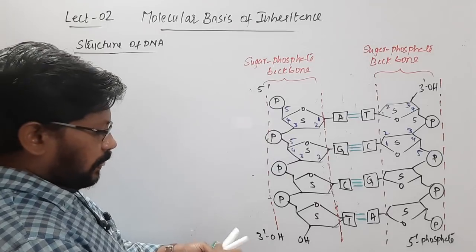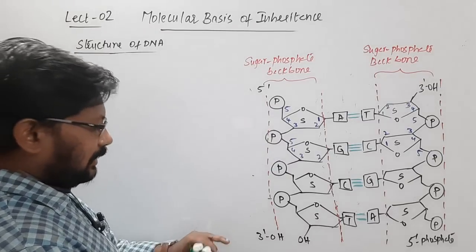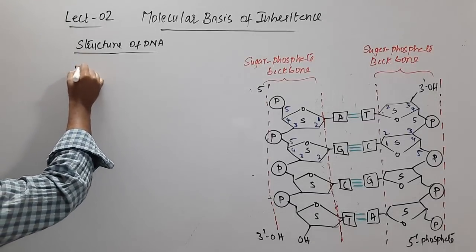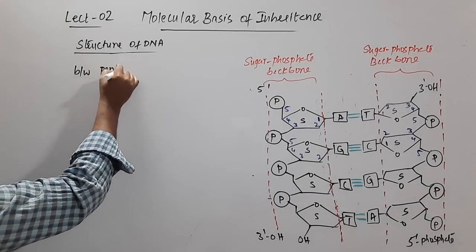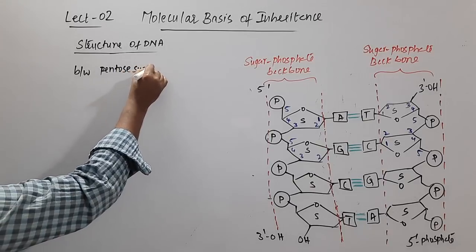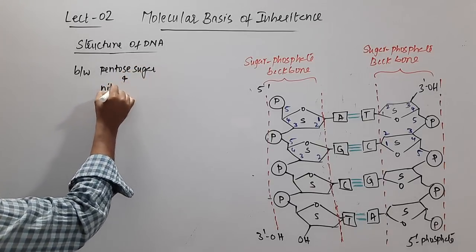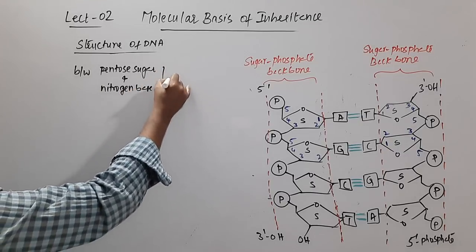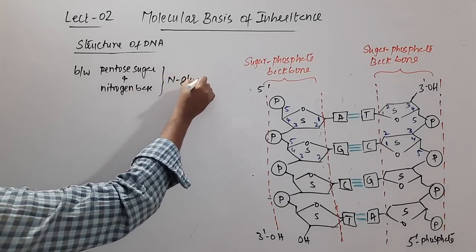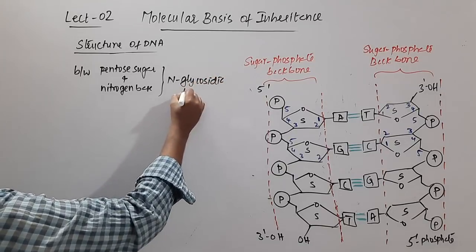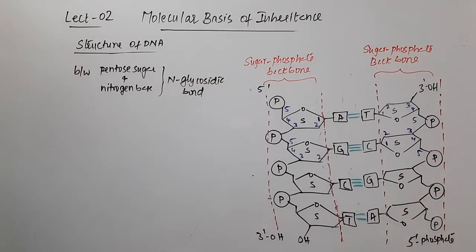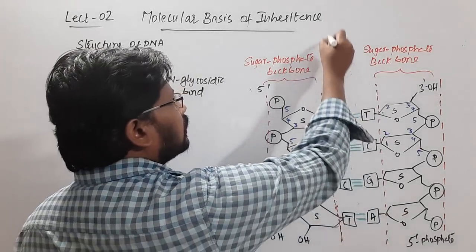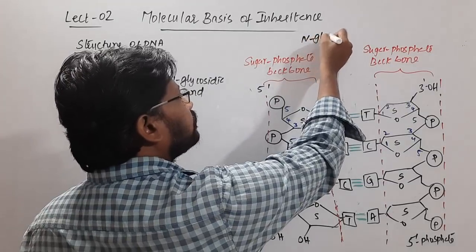The bond that exists between pentose sugar and nitrogen base is the N glycosidic bond. This is an N glycosidic bond, and this is also an N glycosidic bond.